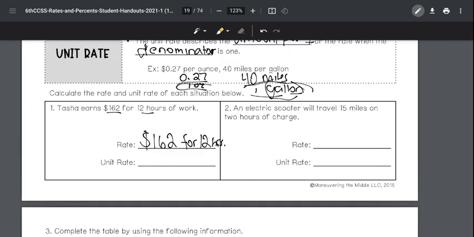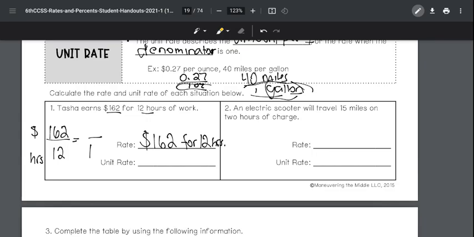So to find our unit rate, what we would do is write our rate, so we can put money on top and hours on the bottom. $162 for 12 hours, sorry. And I want to figure out how much money I'm going to make in 1 hour.